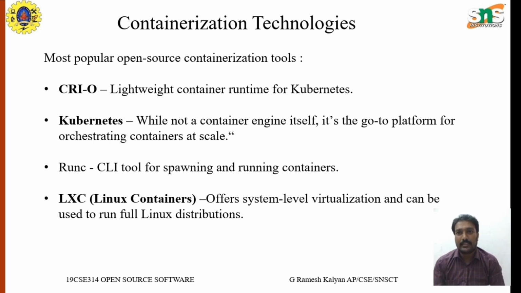CRI-O is a lightweight container runtime for Kubernetes. So what is Kubernetes? Kubernetes is a container engine itself. It is the go-to platform for orchestrating containers at scale. For example, when we are measuring the process of containerization, we need a particular attribute to do it.